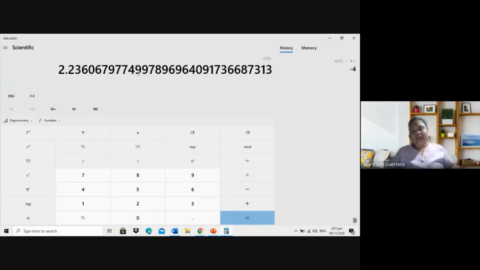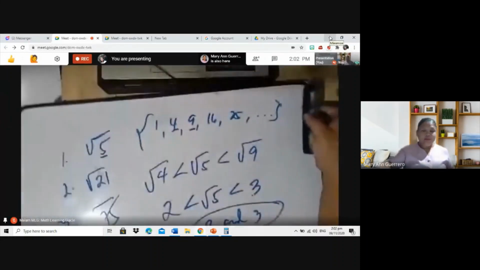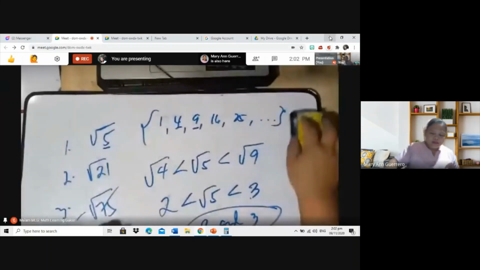Irrational numbers yan kasi non-terminating and non-repeating, kaya siya irrational. So, 2.236. So, ibig sabihin nun, approximately 2.2 or 2.24 between 2 and 3. Okay, so that's the value of square root of 5 between 2 and 3. The approximate.